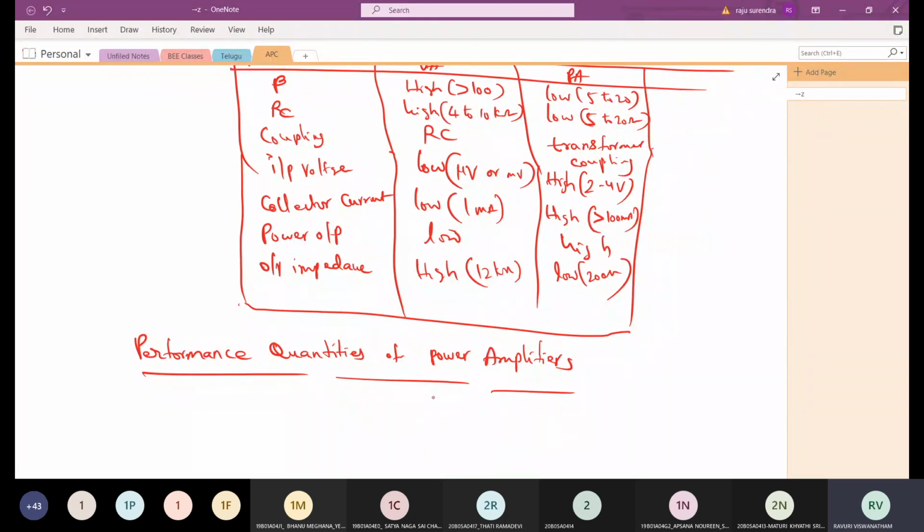In the voltage amplifiers, amplification is done in terms of amplitude, but when coming to the power amplifiers, we have to produce more power at the output. So in this context, we have to concentrate on the three performance quantities of power amplifiers.